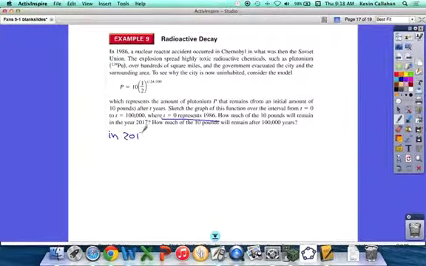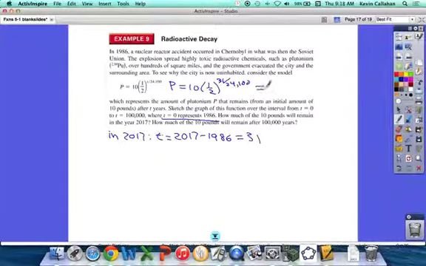In 2017, t equals 2017 minus 1986, which is what? 31? So we want to plug into this formula: P equals 10 times 1/2 to the 31 over 24,100. So all you're really being asked is to evaluate. Just plug in that number and see what you got.